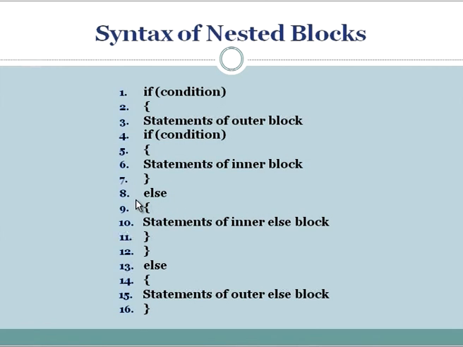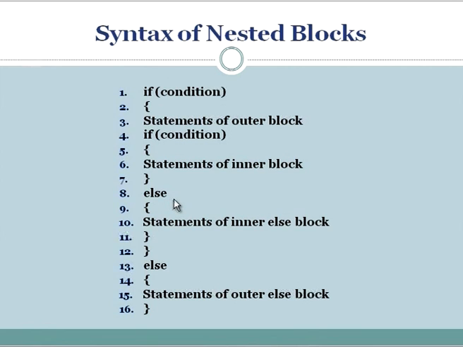This if block is followed by an else block, and the body of this else block may contain one or more statements. So the if block that starts at line number 4 and the else block that starts at line number 8 are considered nested decision control statements.